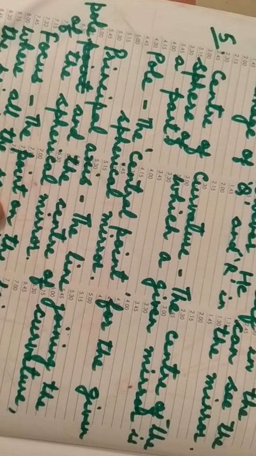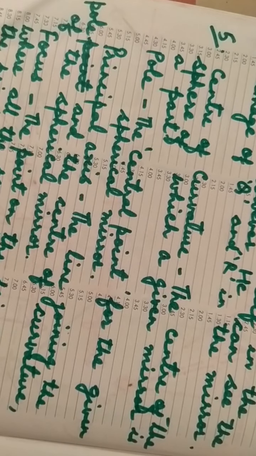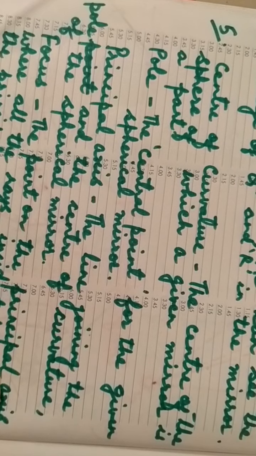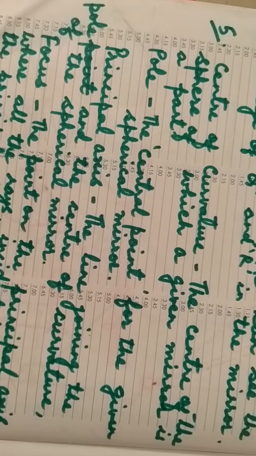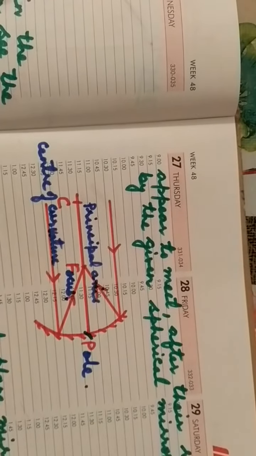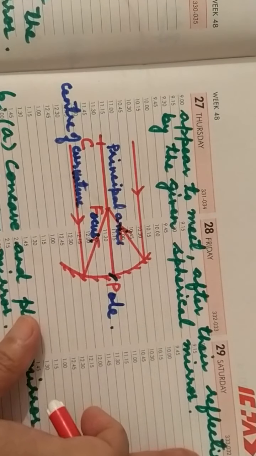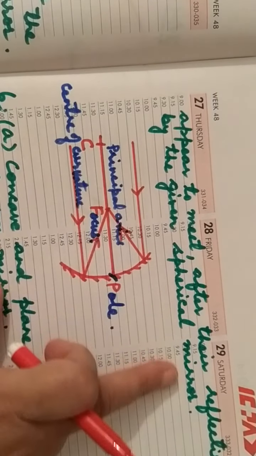The focus is the point on the principal axis where all the incident rays parallel to the principal axis actually meet or appear to meet after their reflection by the spherical mirror.